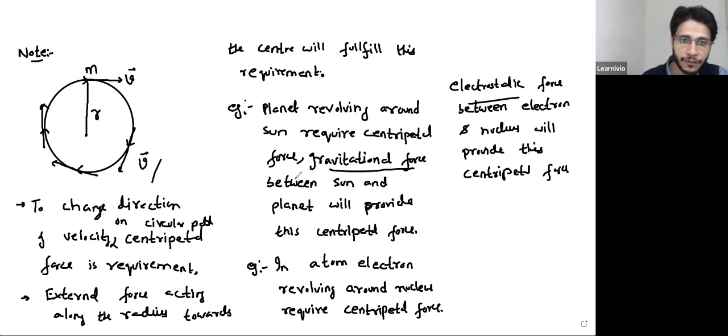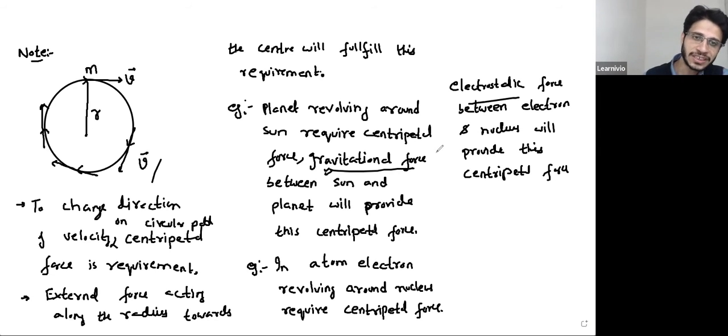If you don't have gravitational force, say planets are revolving around the sun, and somehow that sun evaporates and gets ended, then planets cannot revolve around the sun. They will go tangentially. They can only revolve if this requirement of centripetal force is provided by some external force, here gravitational force.